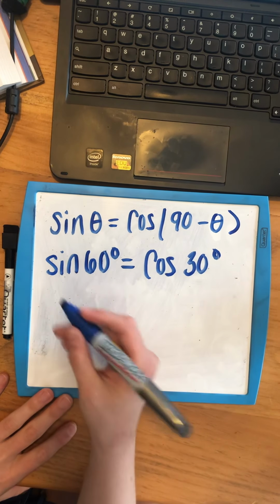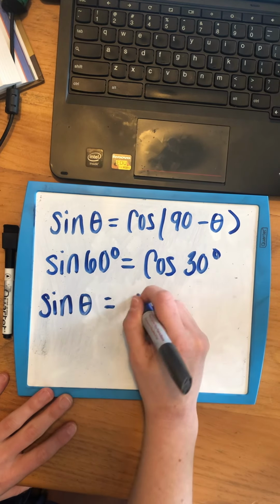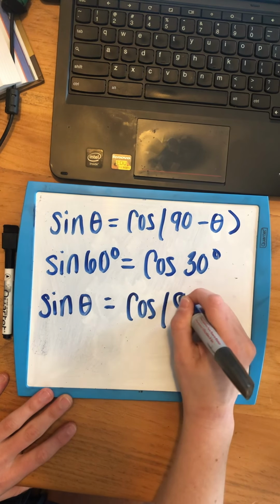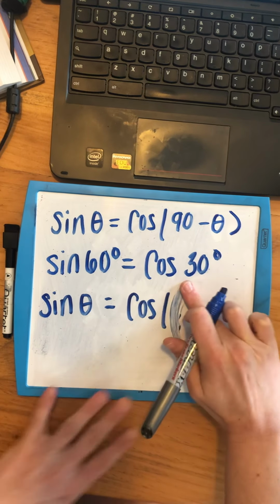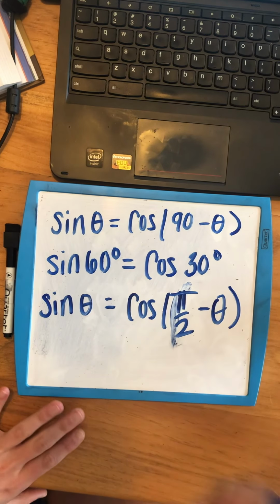We can also use this in radians, saying sine of theta is equal to cosine of pi over 2 minus theta.